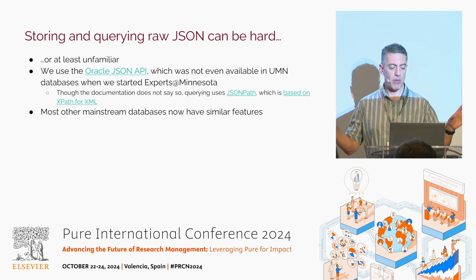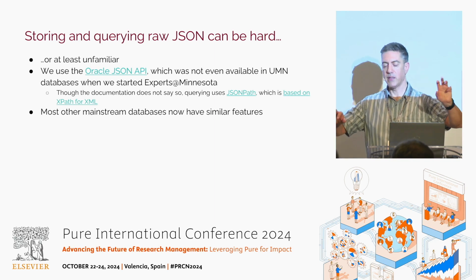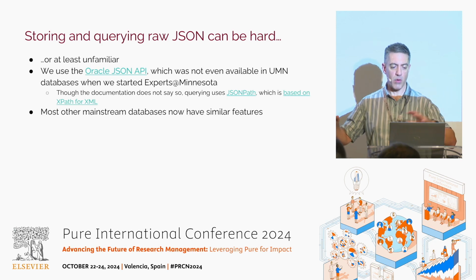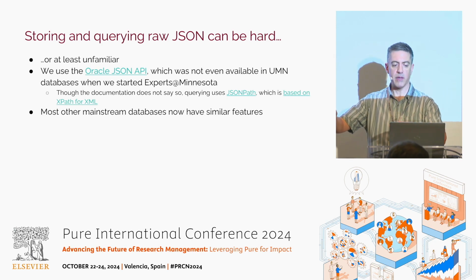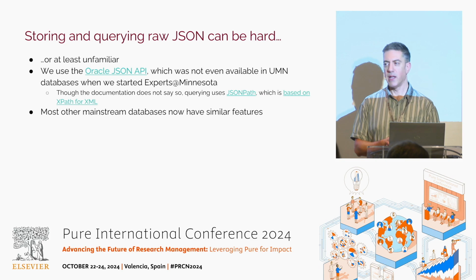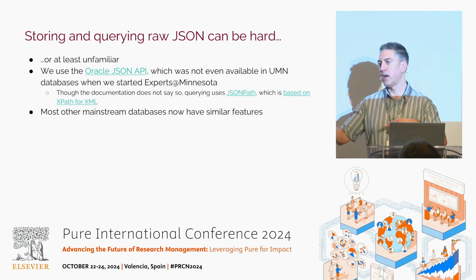So a little more about the approach we've taken instead of transforming the data and loading it into a highly normalized schema. Yeah, we are using an Oracle database. And so what we do after we load the raw data is we use the Oracle JSON API. That API allows us to combine JSON path, which if you're not familiar with it, is like XPath, but for JSON.